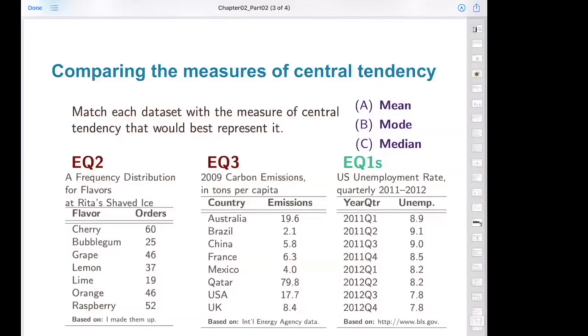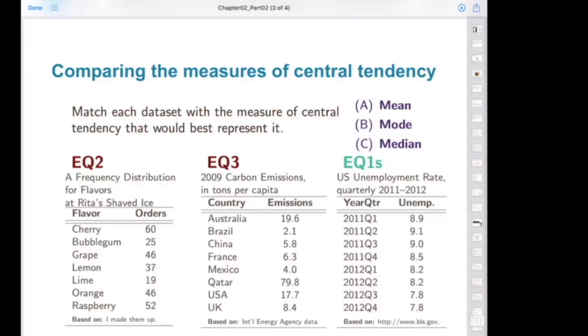Look at these 3 distributions and let me know which measure of central tendency is best for each one of them. First of all, you have to know what is the type of your data. So for EQ3, the carbon emissions in tons per capita, okay, we can say this type of data is quantitative or categorical?